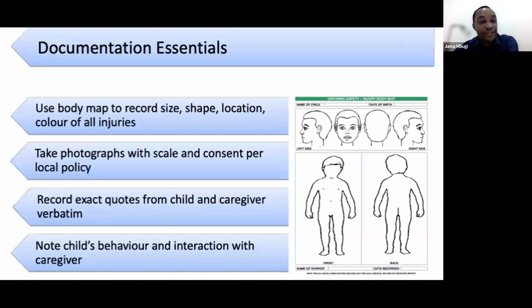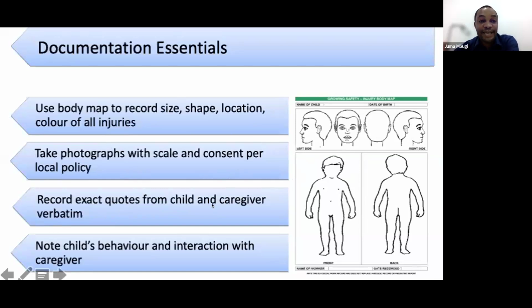And you need to document clearly and use a body map to record the size, shape, location, and color of all the injuries. If you can draw, it's good to draw and locate the size and shape of the injuries. You can also take photographs with a scale, but with consent, according to your local policy.